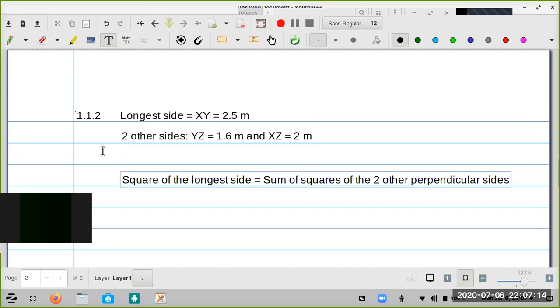And then from there, I'm just going to make use of the sizes that we are given in the statement.